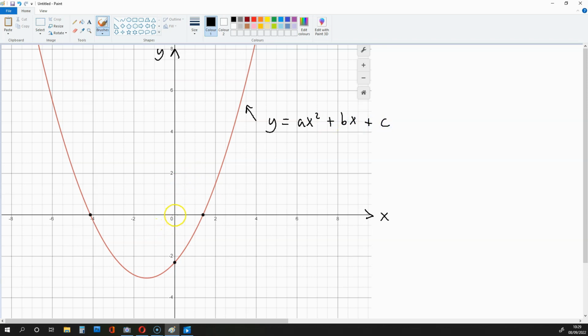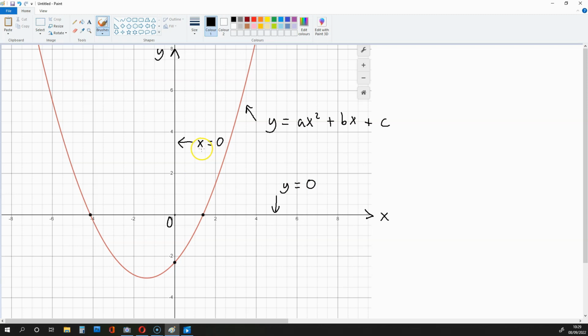And let's say this point over here is 0. Okay, now since we have this arrangement, this vertical line is going to be x equal to 0, and this horizontal line is going to be y equal to 0.